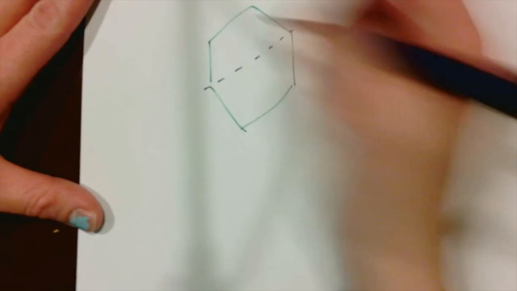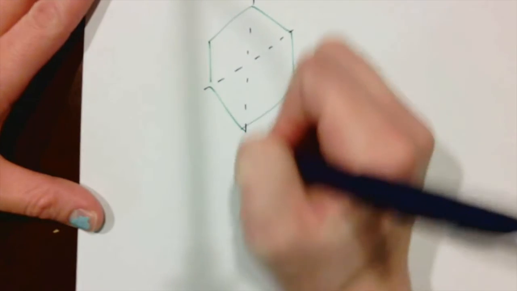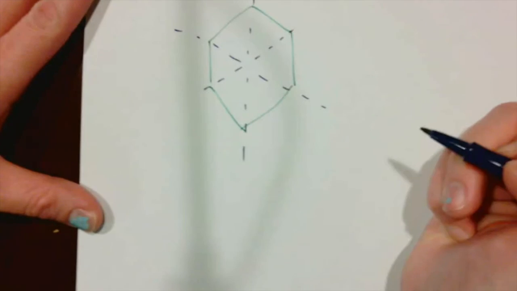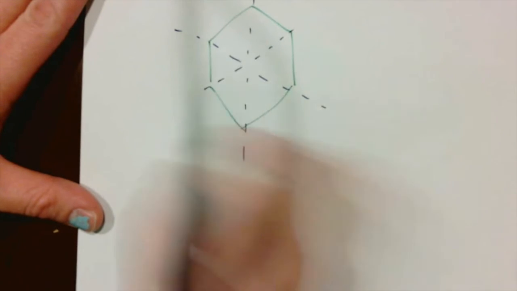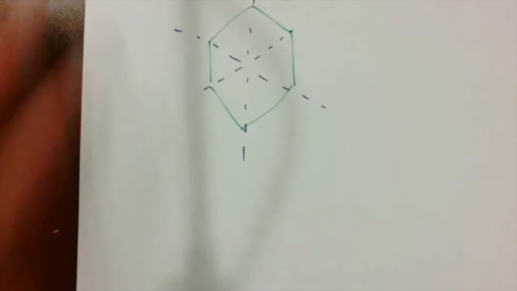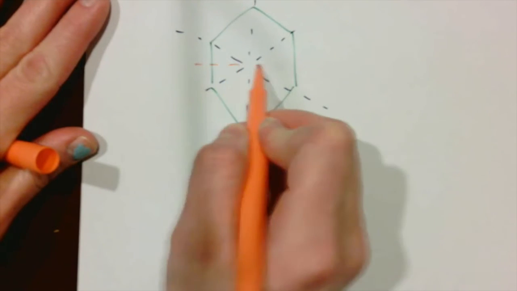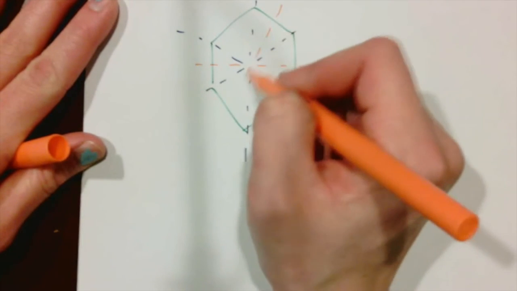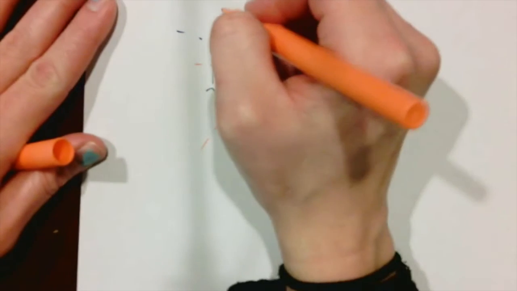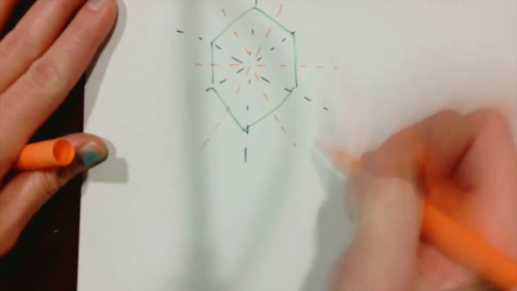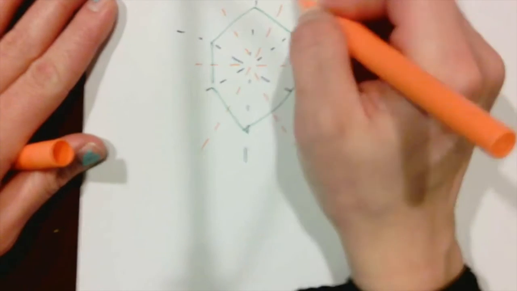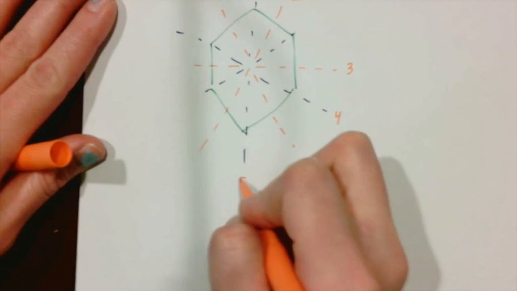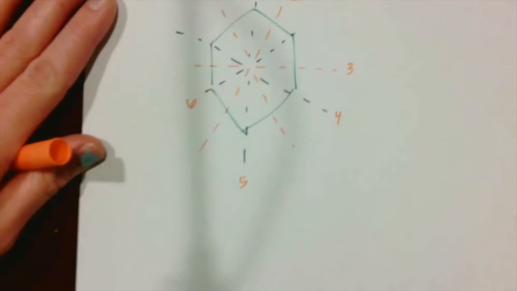I could fold it in half here. I could fold it in half right here. I could also fold it in half through the sides rather than going through the corners. And here through the sides, and here through the sides. So that gave me 1, 2, 3, 4, 5, 6 different axes of symmetry.